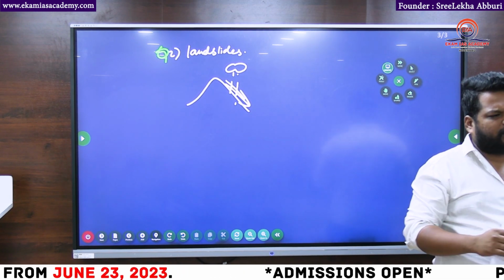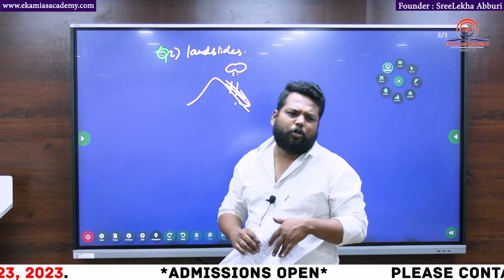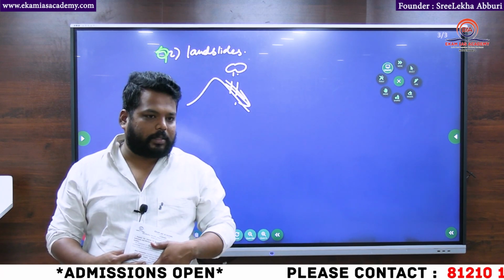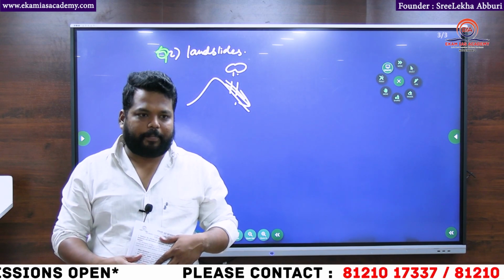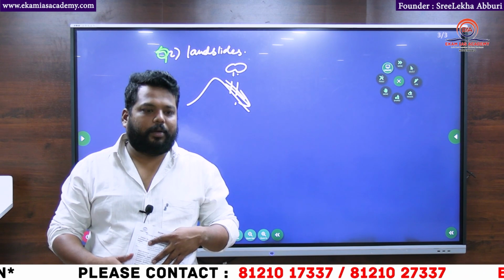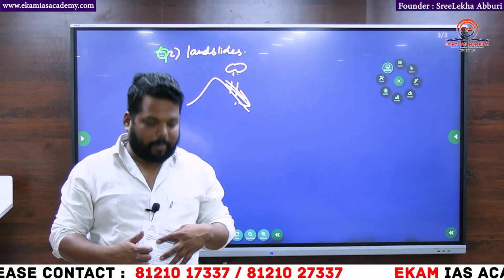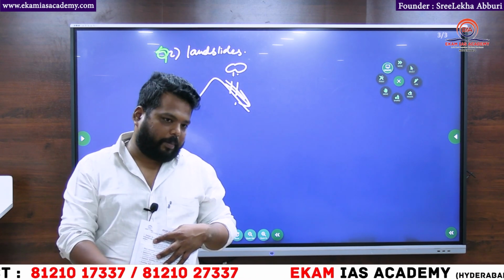For this, as they have asked the reasons, there is no necessity to draw a map of Indonesia and Philippines. But here you can draw diagrams of faulting, erosion, subduction and plate tectonics. Within this particular answer, these diagrams can be drawn.